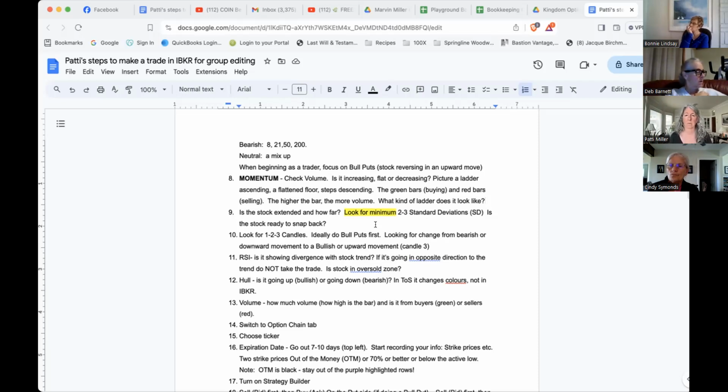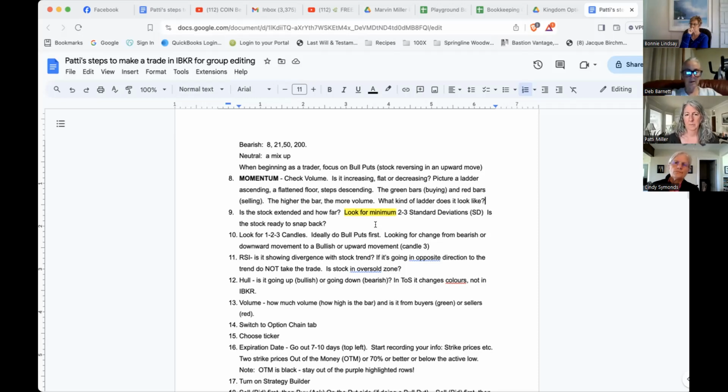Oh, I thought you were talking about the candles as well. I've never heard those referenced as candles. On the volume, red is showing the number of sellers and green is showing the number of buyers. The candles, when we look at the candles, that's later, sorry.